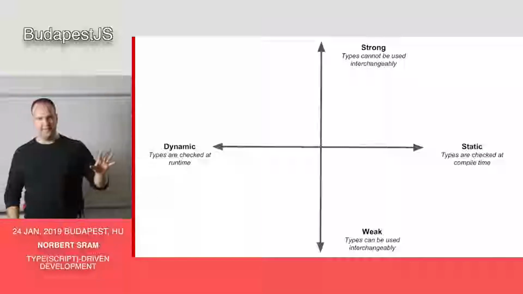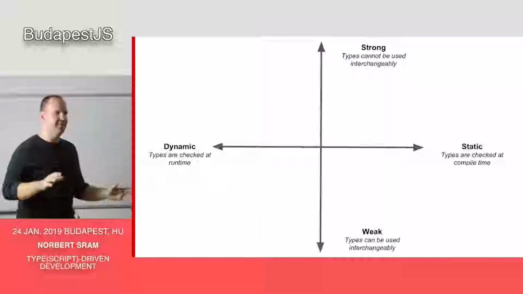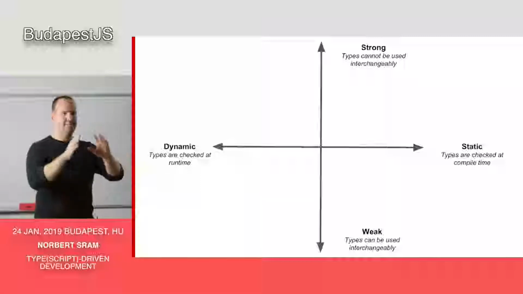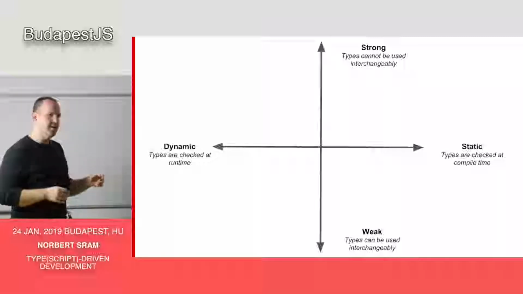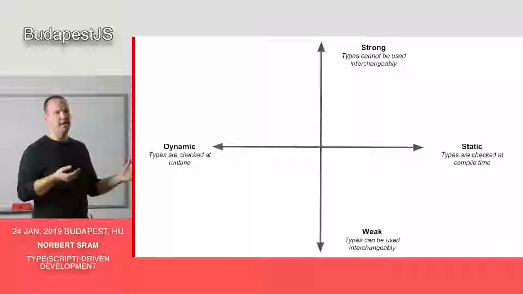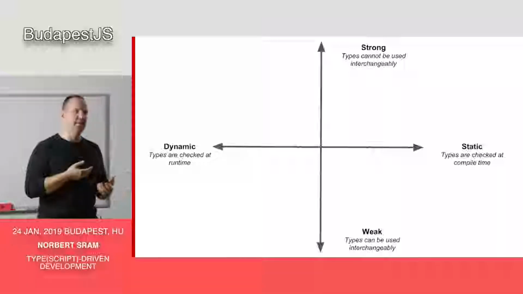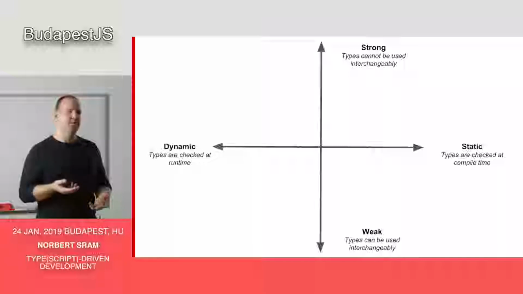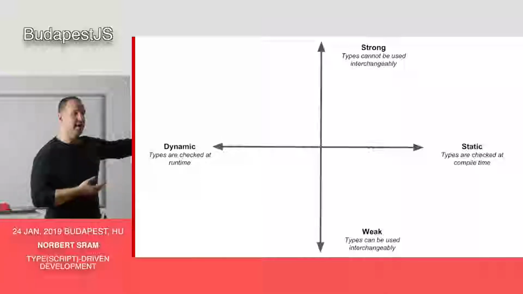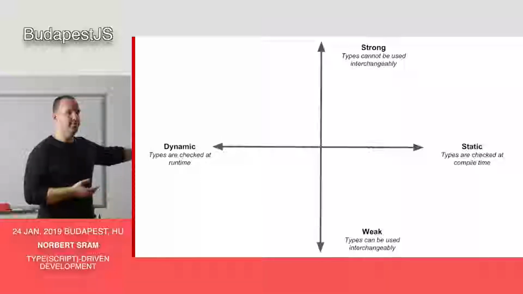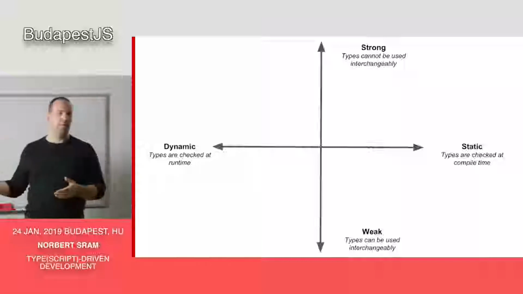Some type theory. If you want to classify languages, and we simplify, not going into nitty-gritty details, roughly you can have, based on type assertion and coercion, checking either at runtime or at compile time.